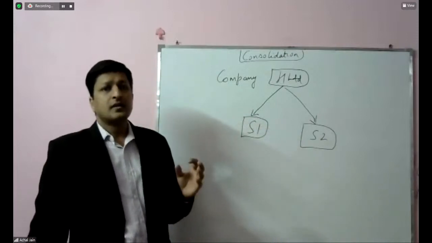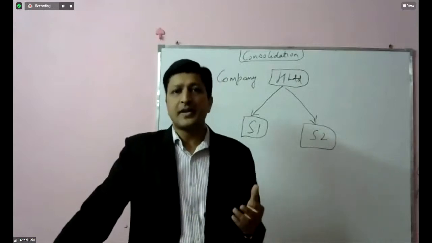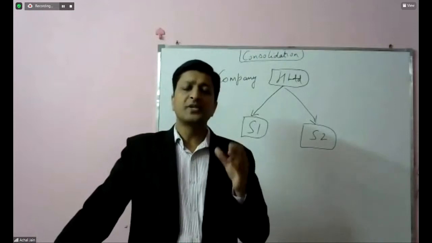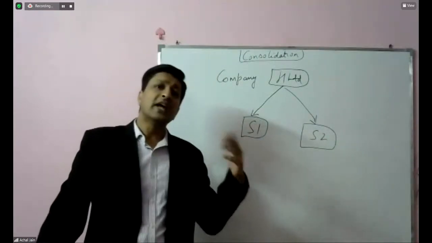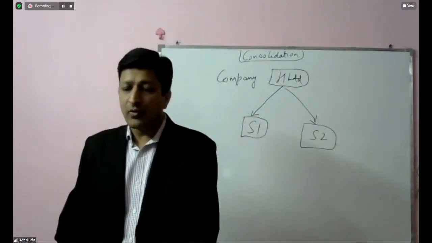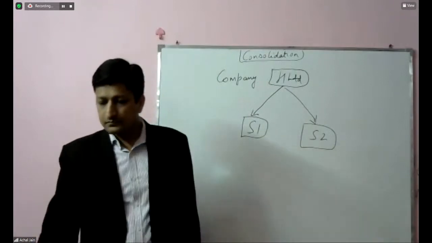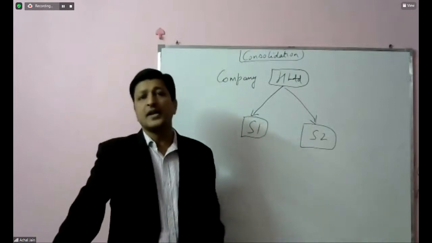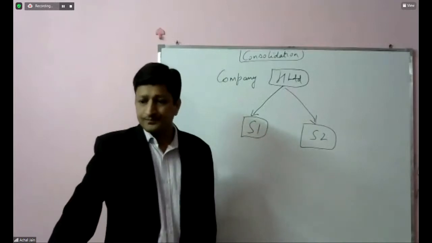Control is wherein the financial operating decision making in relation to the group companies, or these two companies S1 and S2, is through H Limited only. Means H is the one who is involved in driving the decision making of the subsidiary companies.